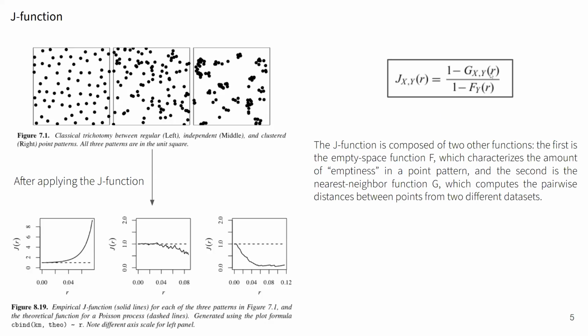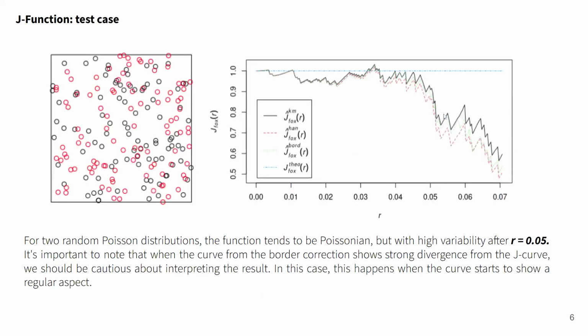The J function is made of several functions, but I will not explain that here. Here I just put a simple case. I generated two patterns of points that are totally Poissonian, so totally random in that area. My first data set is the red circle, and the second data set is the red circle.